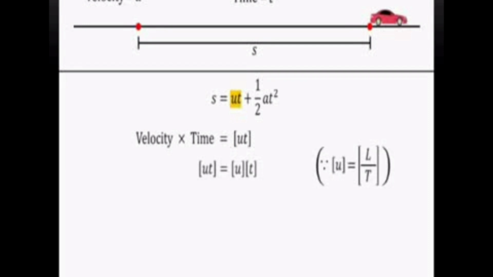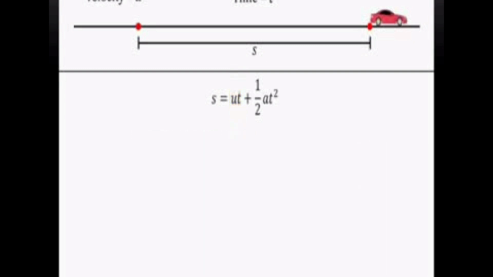First, take the initial velocity into time, ut. The dimensional formula for u is L by T, which is L T inverse, and time period t equals T. Substituting those values, finally you will get L T inverse T. T inverse T will become 1. So finally you will get only L. So ut equals L.